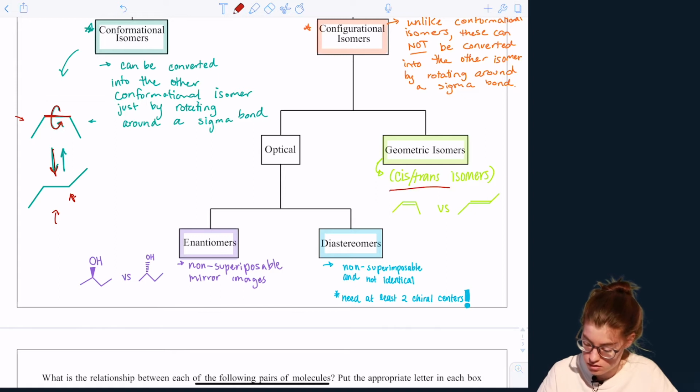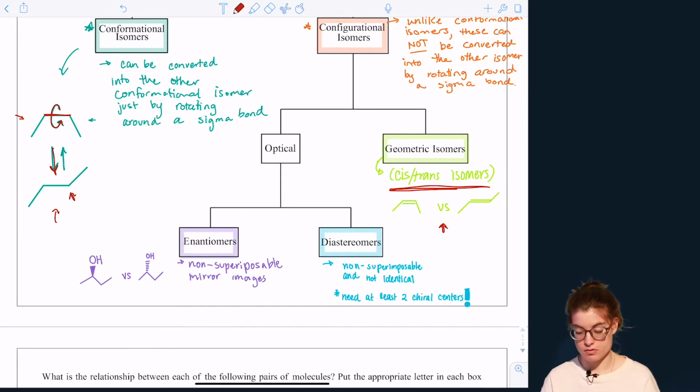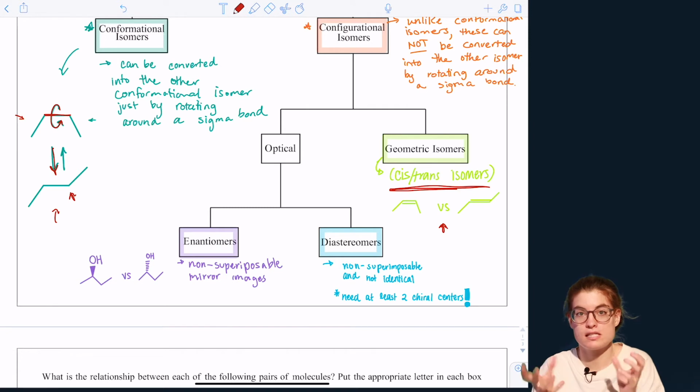Sometimes geometric isomers are called cis-trans isomers as well. And here's an example of a cis-trans isomer, specifically the double bond, okay, where we have a cis version and a trans version.